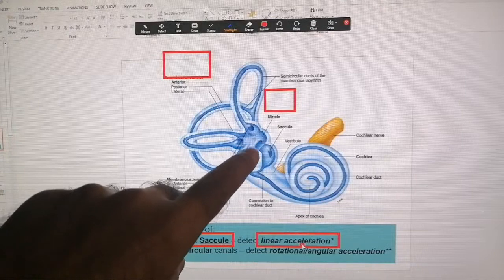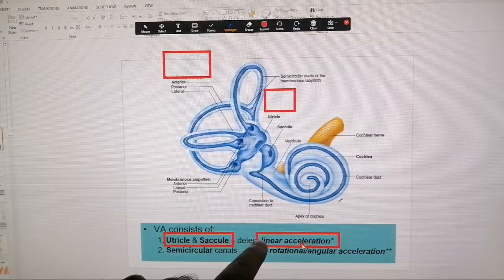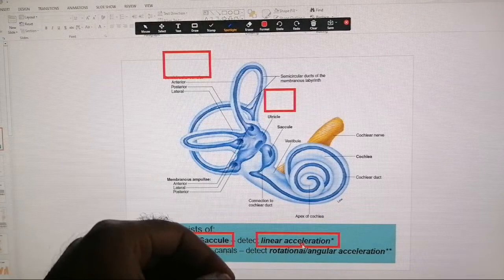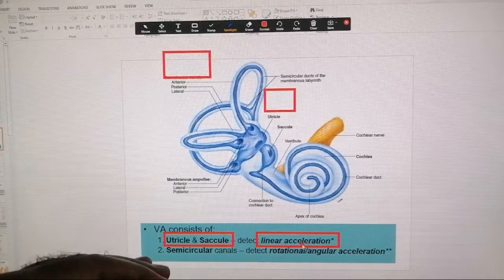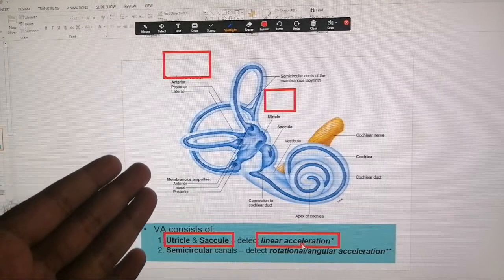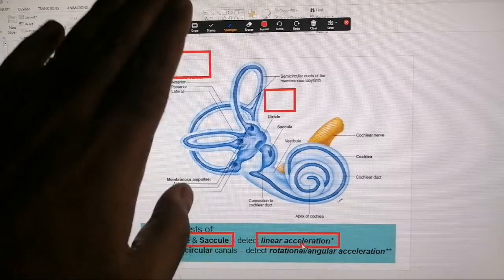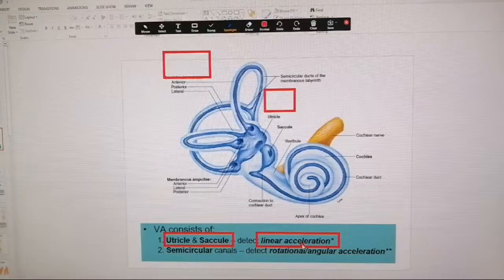It discharges all the time. However, when the body is in acceleration or deceleration, it discharges more or less. So during acceleration scenarios, it becomes more active. In deceleration modes, it drops its discharge below the normal range.